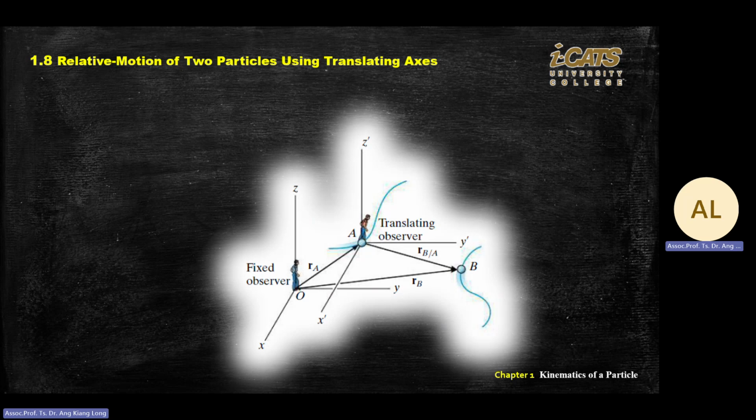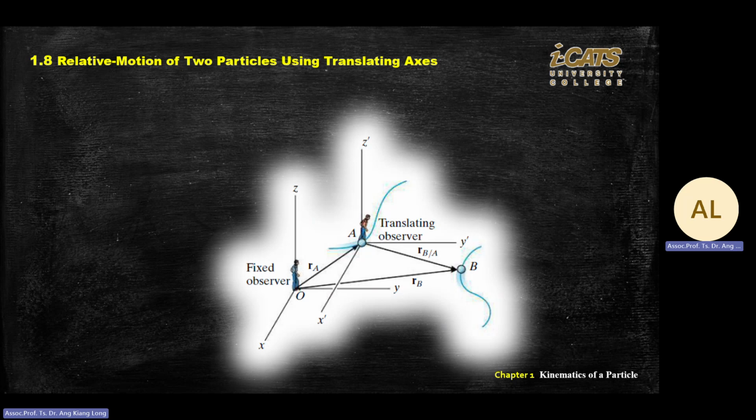Then from object A looking to B, if you put A pointing to B, then you should be careful with the R. You should not flip the sequence. If A is looking to B, then you write R_B/A.